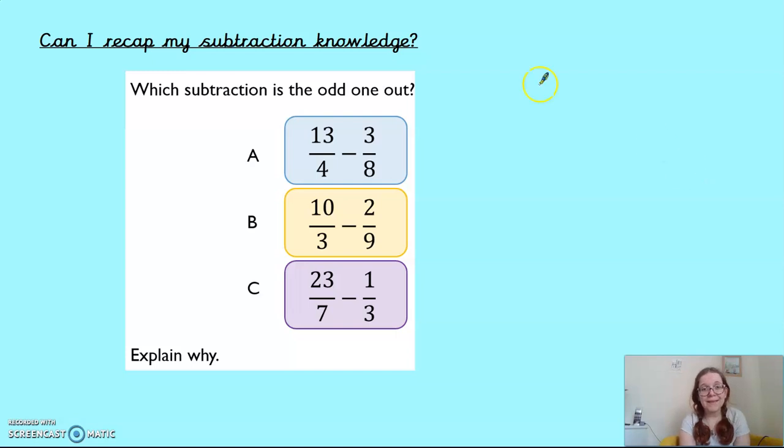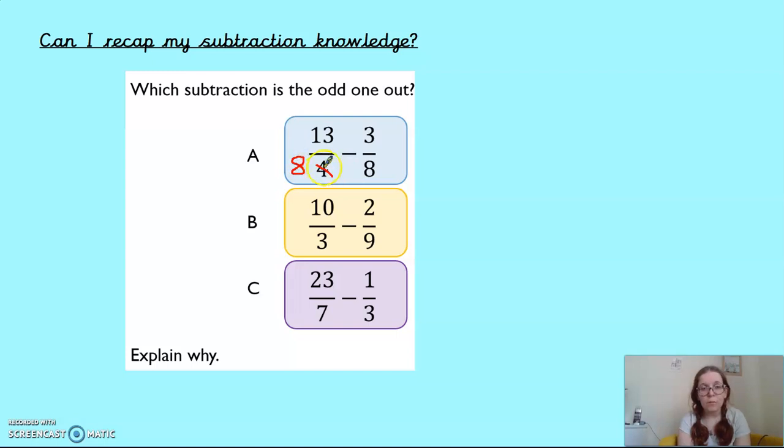For example, in this first one, we've got 13 quarters and 3/8. We need to make sure they have the same denominator. We can't half this to make this into a quarter, so I'm going to have to double this fraction. I'm going to double my denominator, and that's going to become 8.